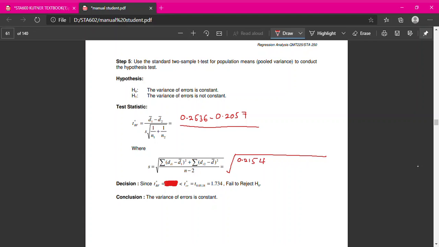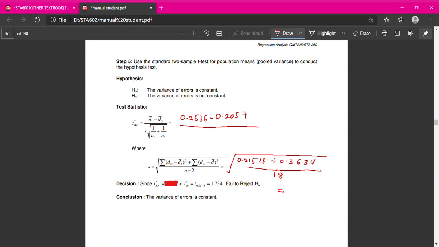Okay, plus for the second group 0.3634. Divide dengan n minus 2. So how many n that we have is 20, right? So it is 18.